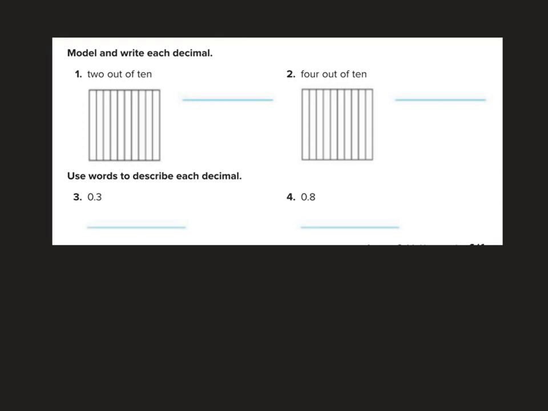Right, model and write each decimal. Okay, 2 out of 10 would be called 2 tenths. 0 and 2 tenths. 4 out of 10. This must be the homework part. Sorry, I didn't say that earlier. Would be 0 and 4 tenths. Use words to describe each decimal.